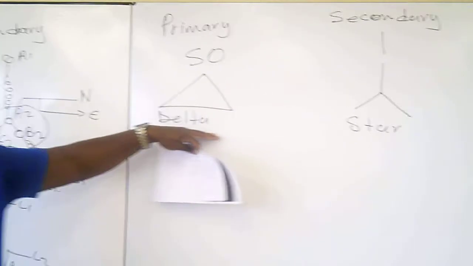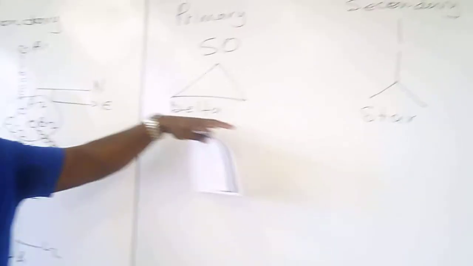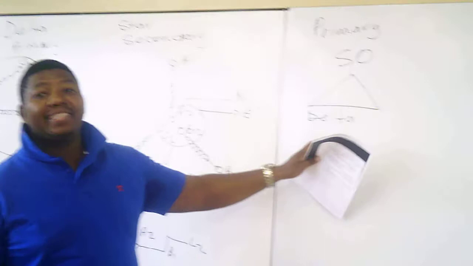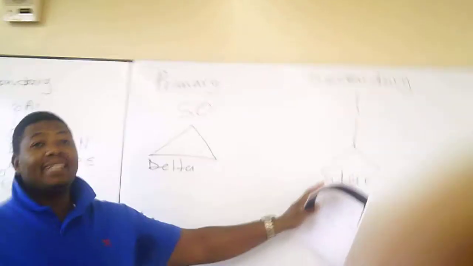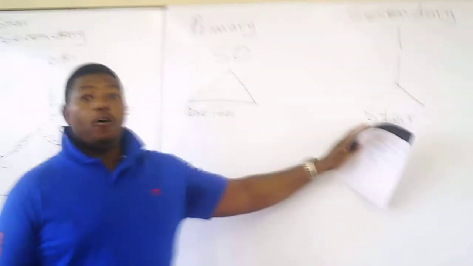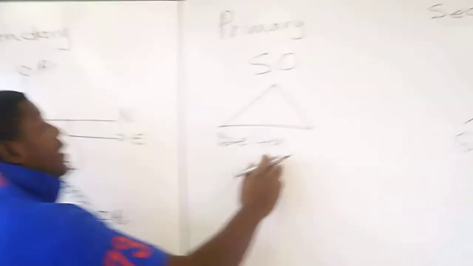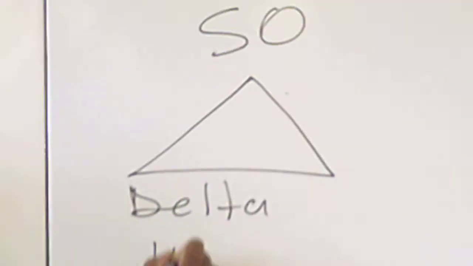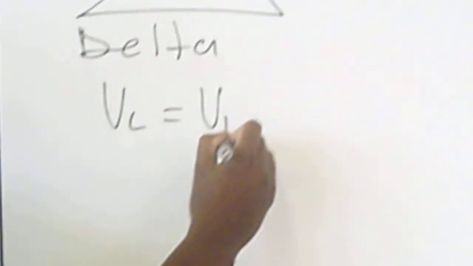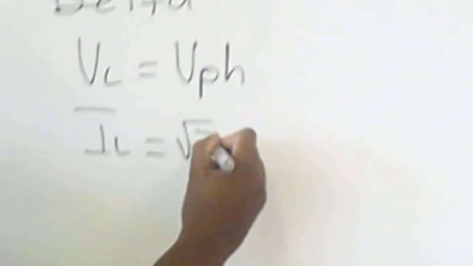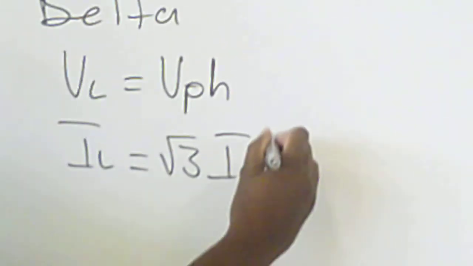You don't just leave it there. You write them down. But you need to know what is happening to your current as well as the voltage on the primary side as well as on the secondary side of the transformer. Now, this is what will be happening. In the delta side, we say that in delta, always your V line is equal to your V phase. Your I line is equal to square root of 3 I phase.